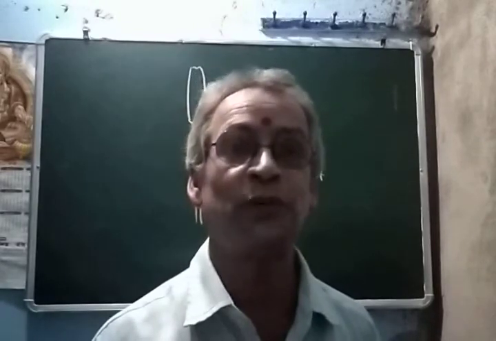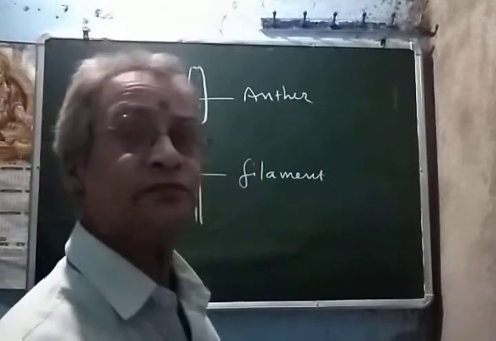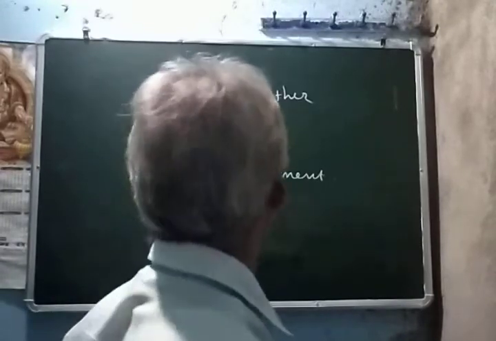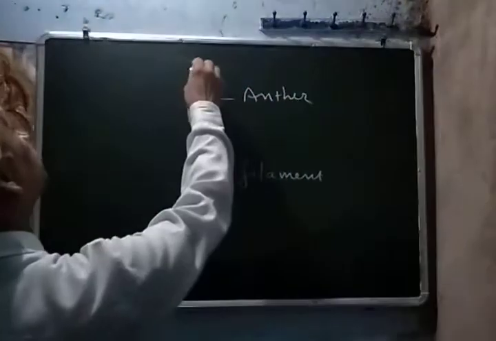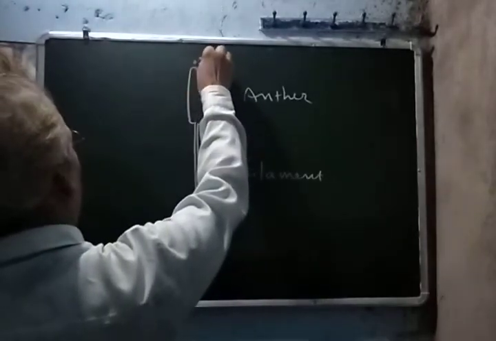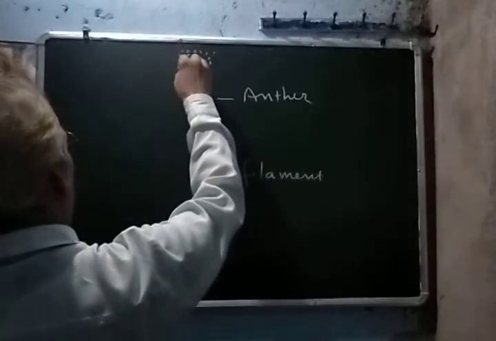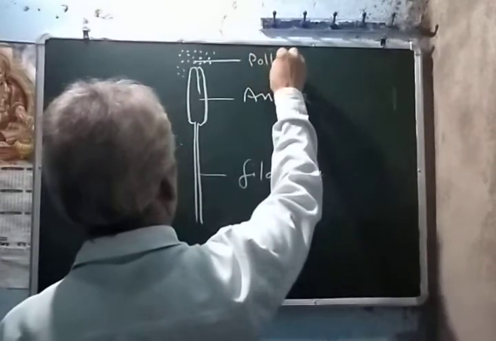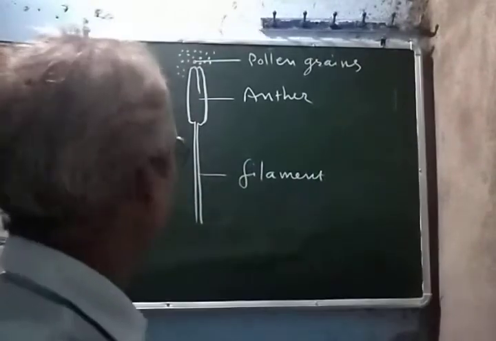Microspores are also called pollen grains, which are produced inside the pollen sac of this anther. Pollen grains, after maturation, are released. These are pollen grains.